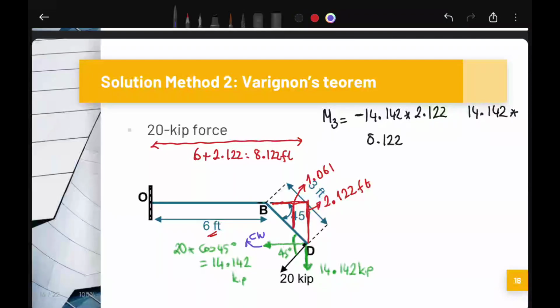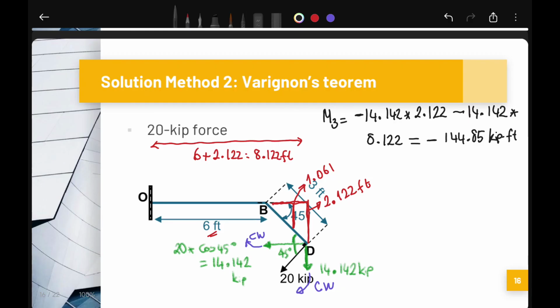You can see the y component also tends to rotate clockwise. That's why we assign a negative sign. After calculation of this value, we obtain the same result as the previous solution. This is equal to minus 144.85 kip-feet.